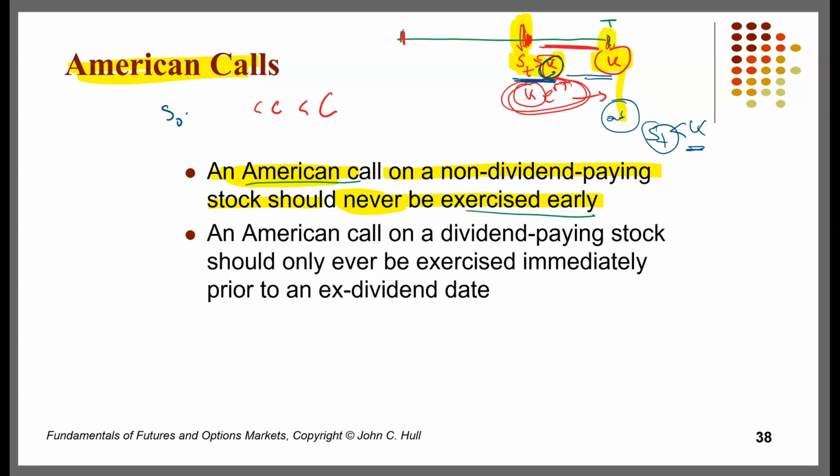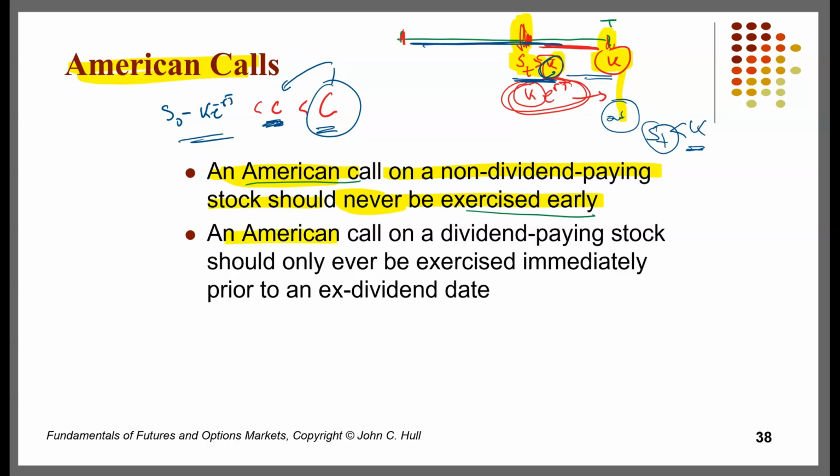That's going to be S0, I think it's plus the present value of the strike. Actually, it's minus the present value of the strike. That's going to be the lower boundary for the American call, and this is the European call, this will be the American call. And this is more valuable than that just because of the built-in option of exercising early. All right.